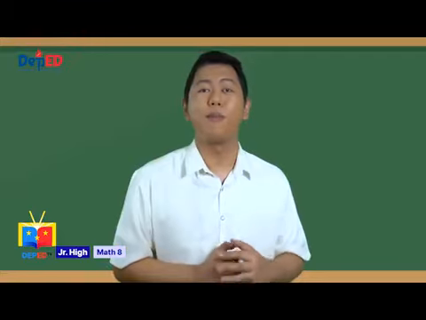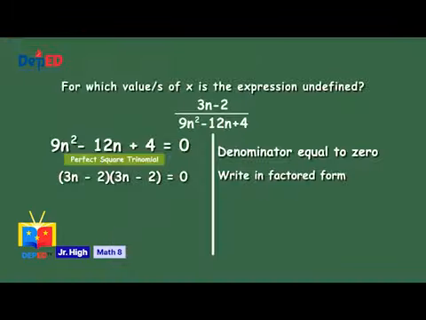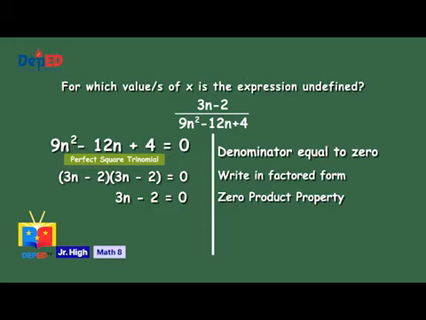Since the square of a binomial means multiplying the binomial by itself, we can say that by the zero product property, 3n minus 2 is equal to 0. By the addition property and simplifying, we will have 3n equals 2.